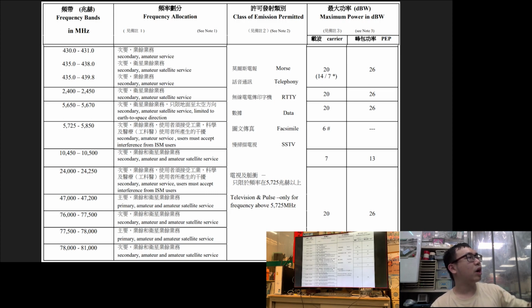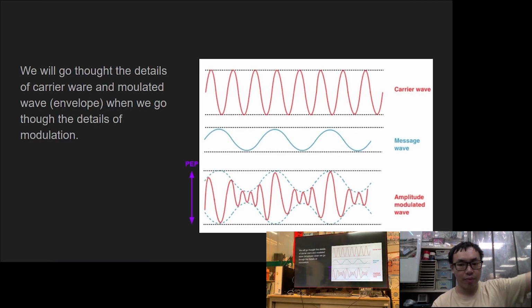And why do you have to divide it into two? Because sometimes when your voice is really loud, the message wave you put into the carrier wave modifies the final signal, the final wave outcome.